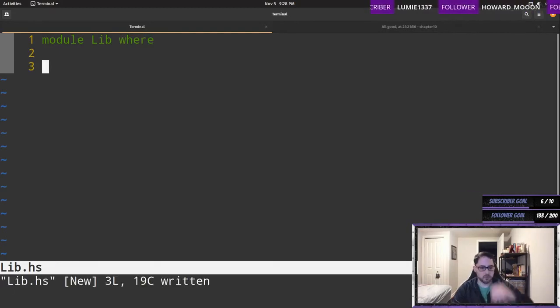Okay, so let's start back in our lib and think about some stuff. It says the combination of two monads depends not only on the monads themselves, but also on the order in which those monads appear in the type.